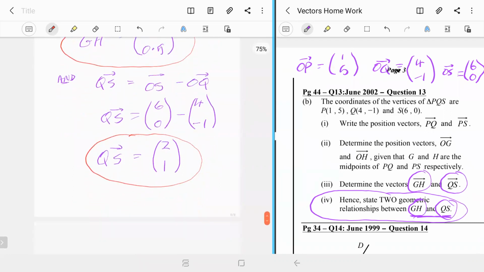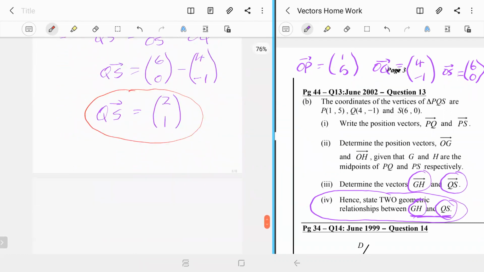Watch this now. I'm going to show it down here for part 4, step by step. So I have the two vectors I'm going to use: GH and QS.